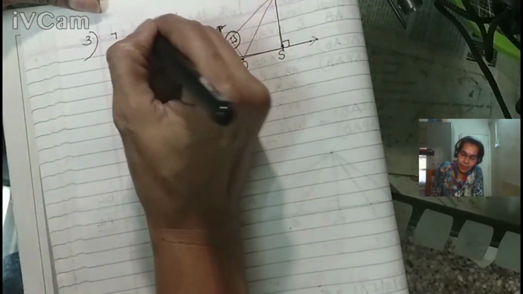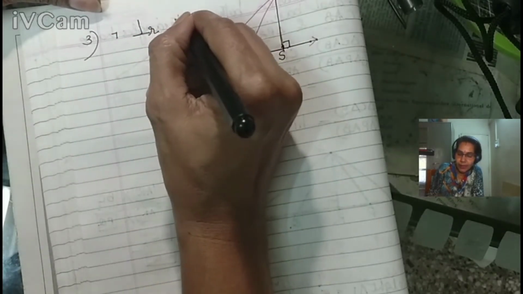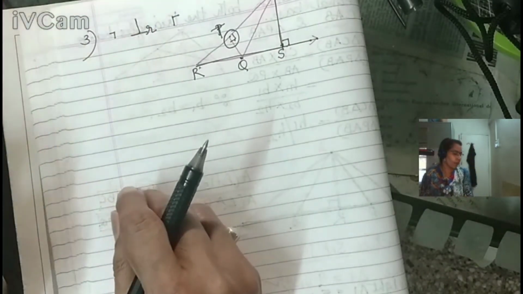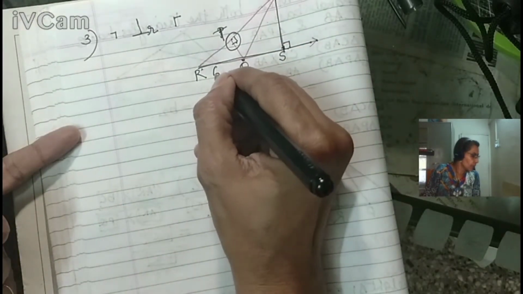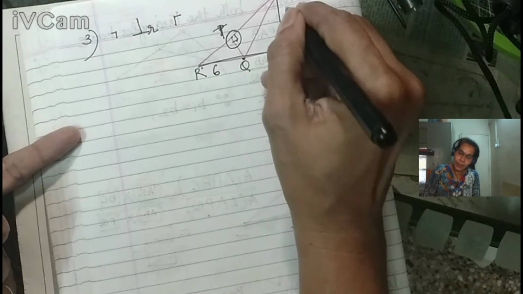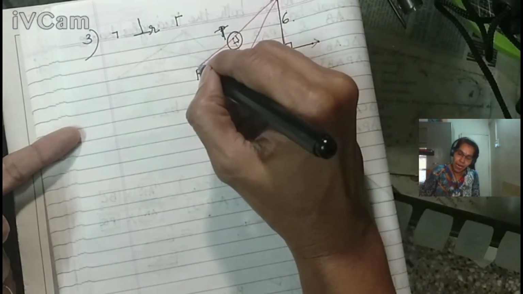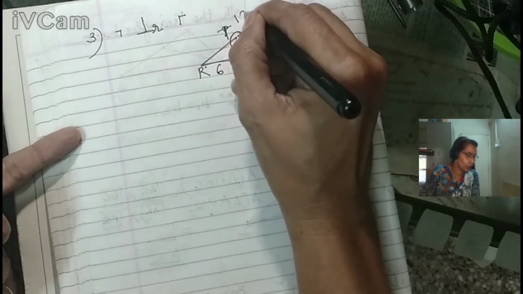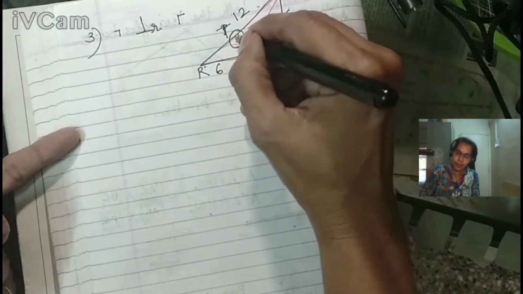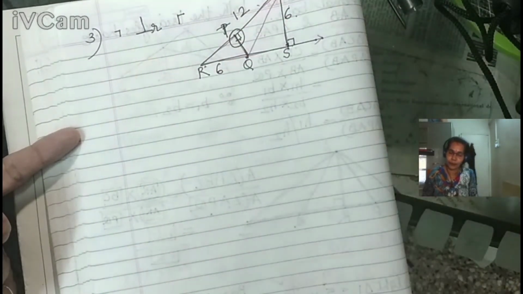When we say perpendicular, the symbol of 90 degrees always comes. RQ is equal to 6 units. PS is equal to 6 units. And PR is equal to 12 units. We need to find out QT.